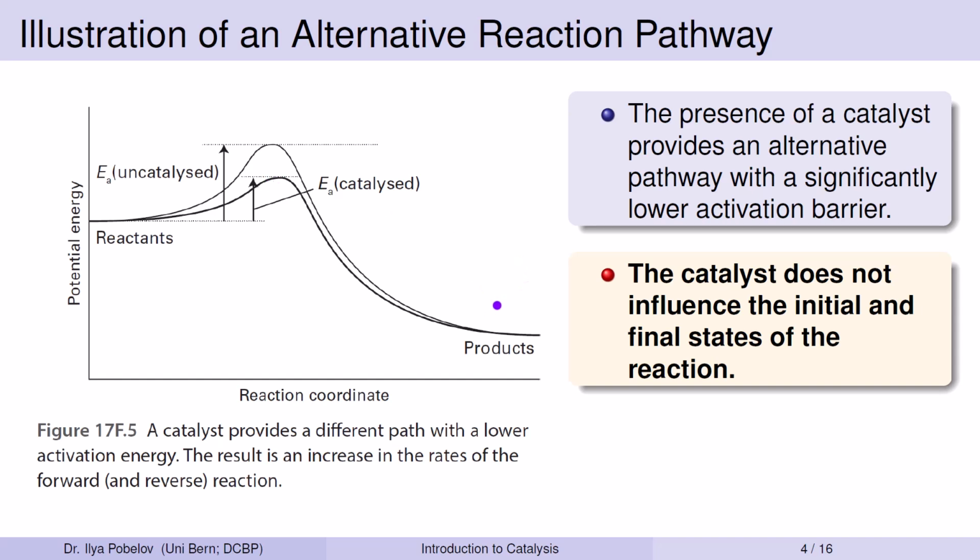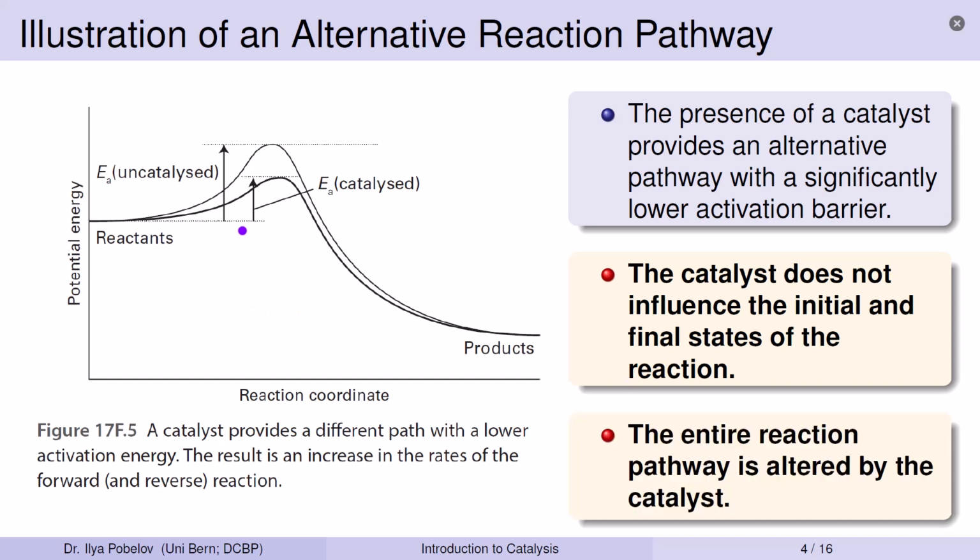This principle underscores the fact that while catalysts can significantly speed up reactions, they do not alter the inherent thermodynamic properties of the reaction itself. In typical two-dimensional representations of catalytic processes, such as energy diagrams, an important aspect is often not fully conveyed.